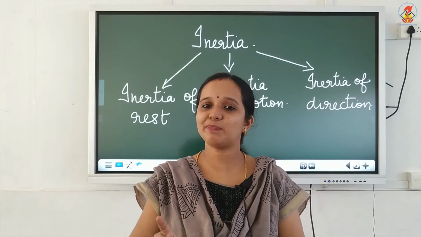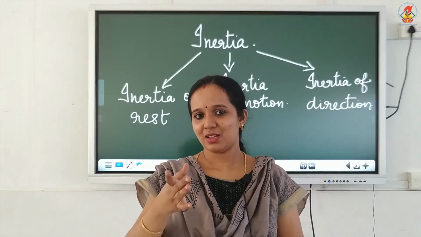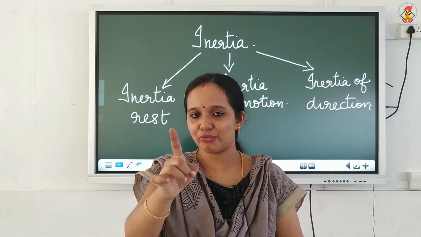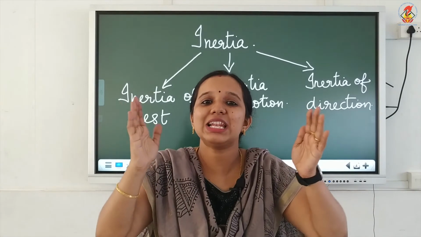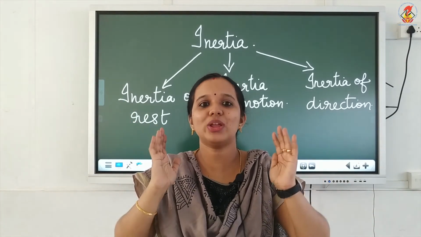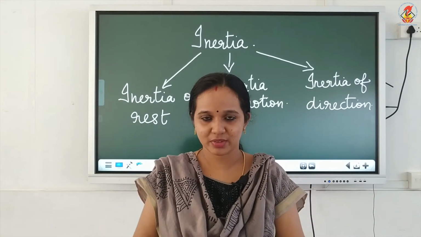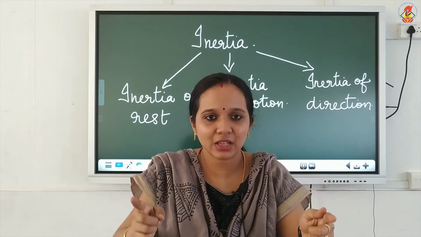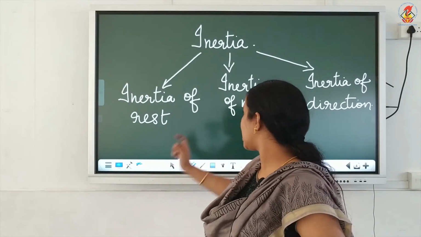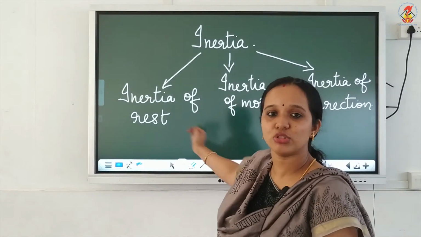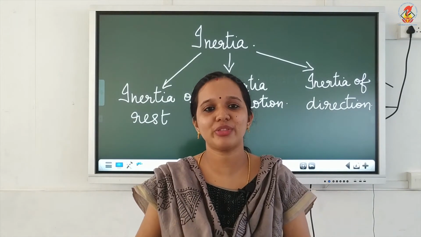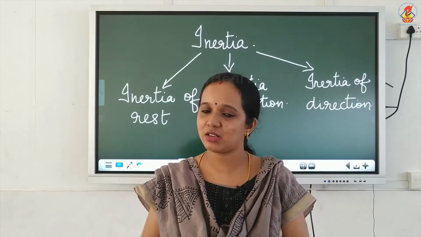The car applied a sudden brake, but your body's tendency is to move, so your body will lean forward due to inertia of motion. There is a possibility of collision with the front panel and you may get injured.